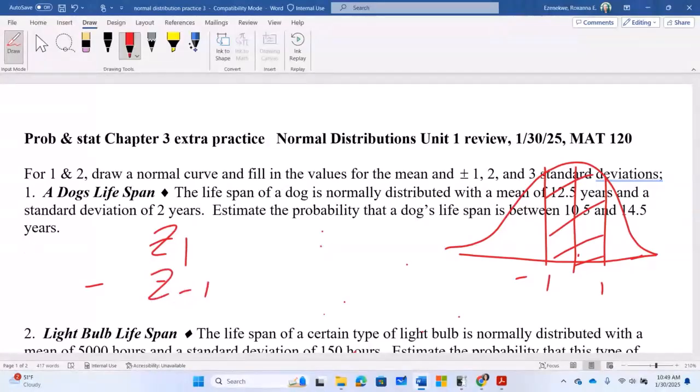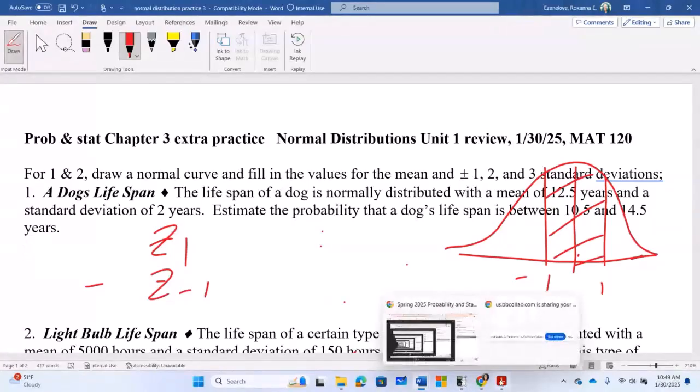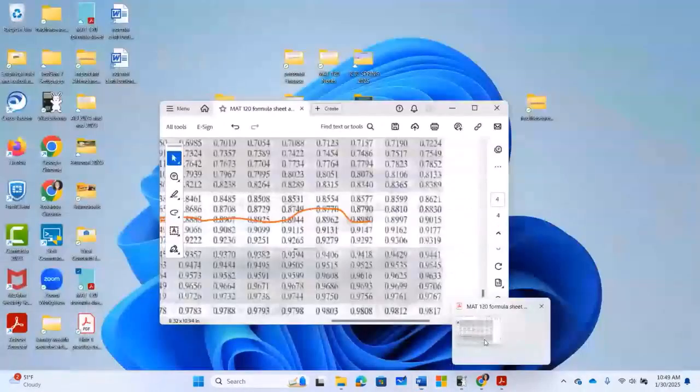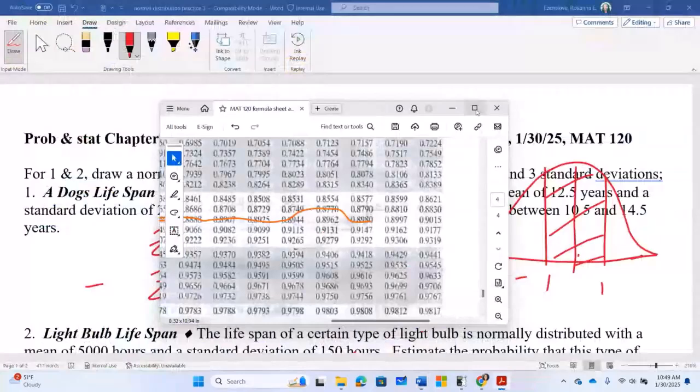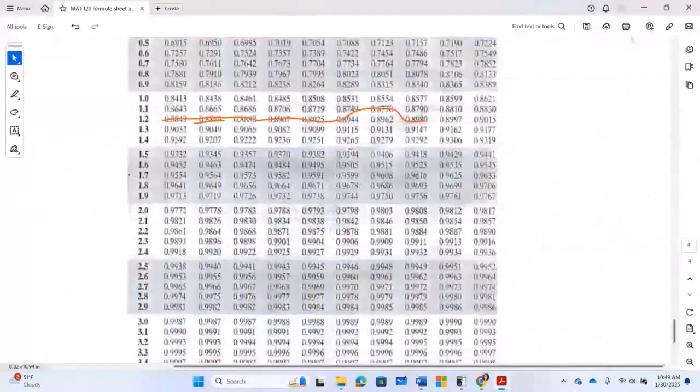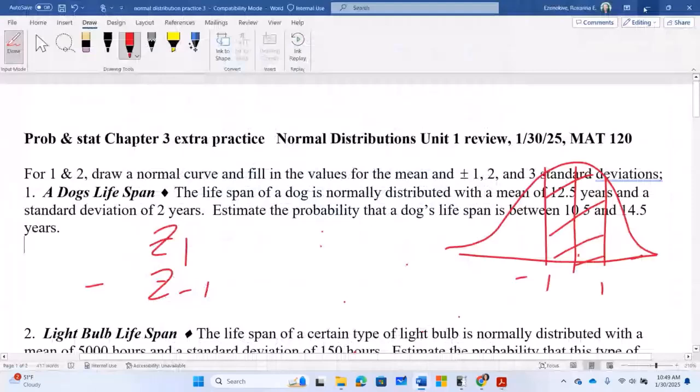So I am going to read the chart now. I'm going to get the chart, and I'm looking for Z1. So what is Z1 right here? Z1 is 0.8413. So I come over here and write 0.8413. All right.